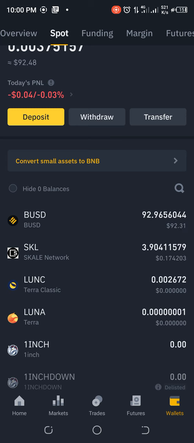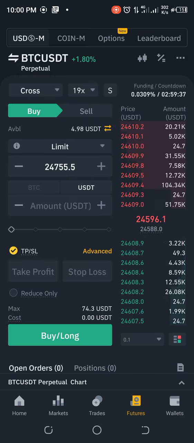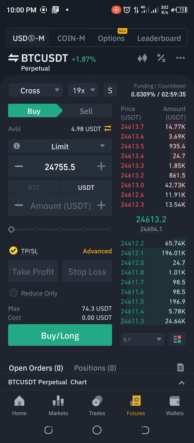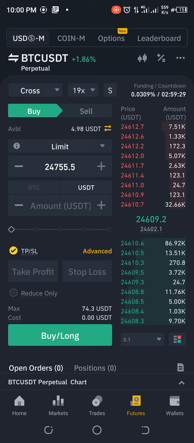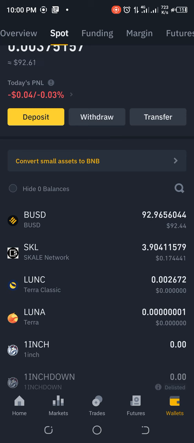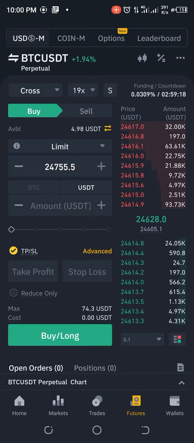Let's say for example now I have $5 on spot wallet, then I funded $5 on futures wallet as well. And I now start trading, and the trade has already taken the $5 I used to enter the trade on futures. Then it goes back to my spot wallet, simply because I applied a cross margin.